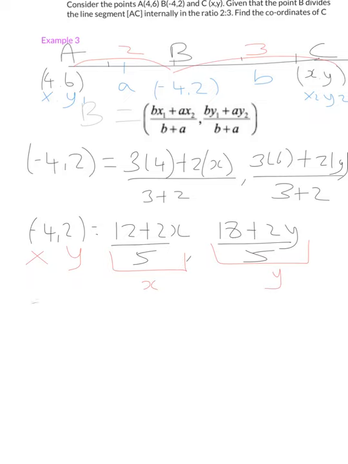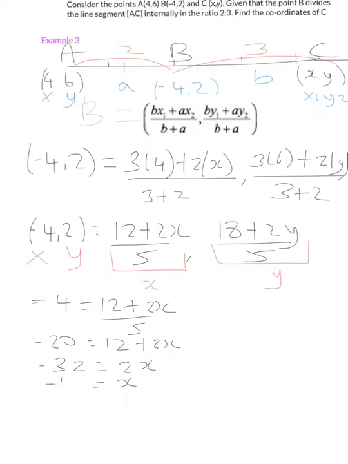So that would give me minus 4 is equal to 12 plus 2x all over 5. So that would give me minus 20 is equal to 12 plus 2x. Bring over the 12, so that would give me minus 32 is equal to 2x. So my x value is minus 32 divided by 2, which gives me minus 16.